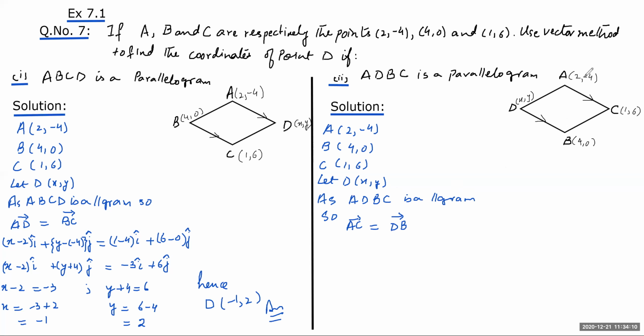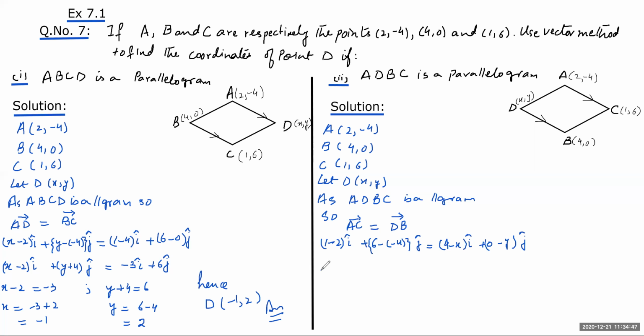Let's evaluate these vectors. AC: 1 minus 2 into unit vector I plus 6 minus 4 into unit vector J is equal to 4 minus x into unit vector I plus 0 minus y into unit vector j.